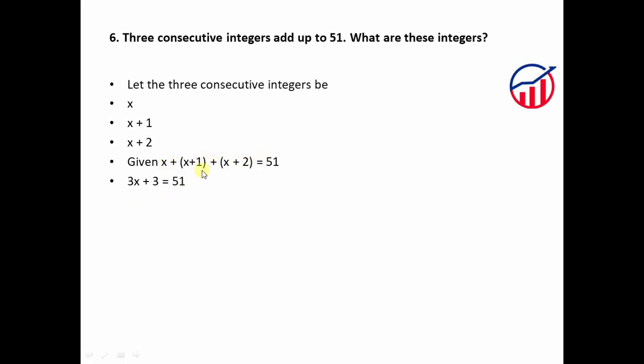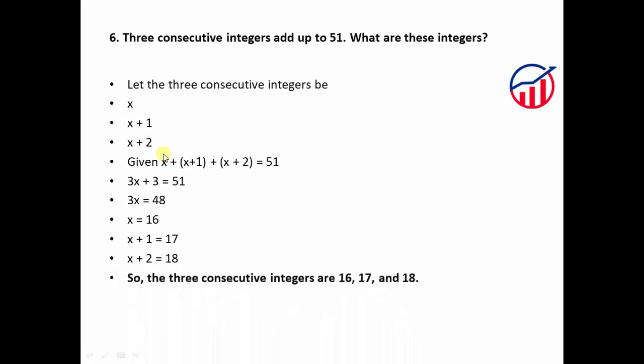This is straightforward addition, so we get 3x plus 3 is 51. Hence 3x is what? 48. 3 goes over here as negative sign, so you get x is equal to 16. So if x is 16, these are consecutive numbers. What will be the other, x plus 1? It will be 17, and x plus 2 will be 18. Hence the three consecutive integers are nothing but 16, 17 and 18.